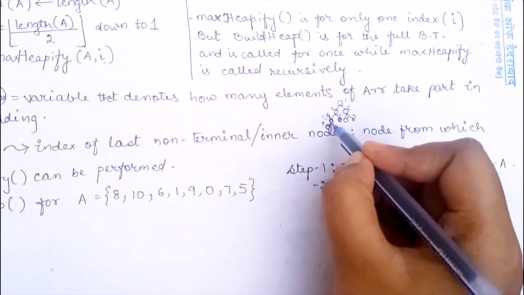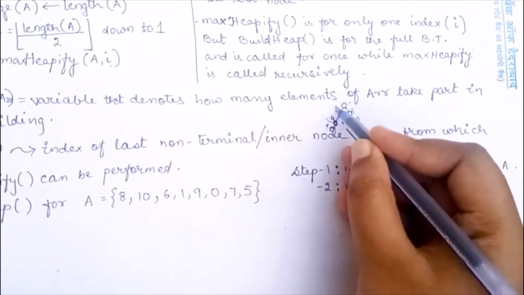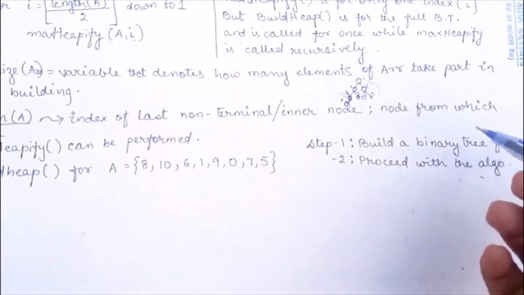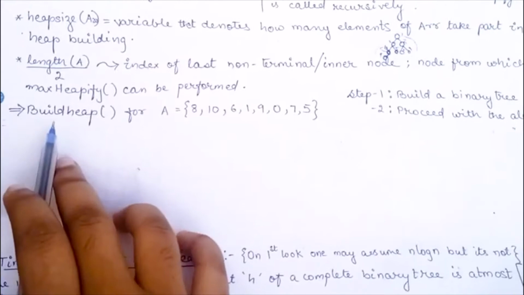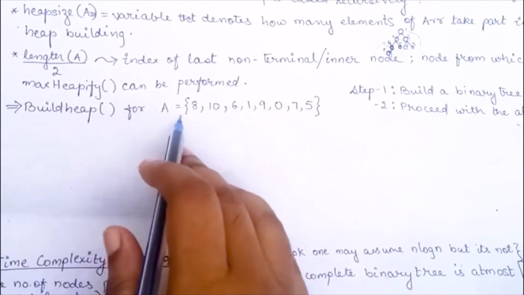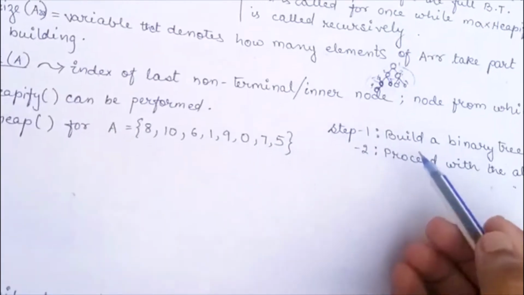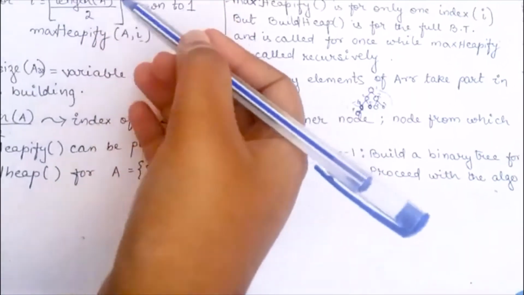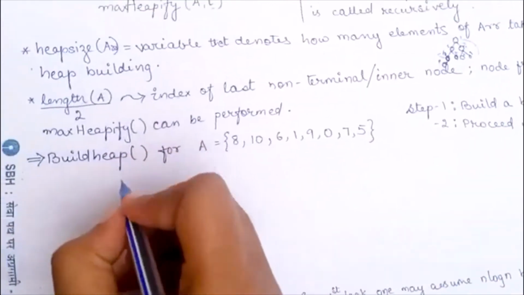If we do max heapify here, here and here, then the whole tree is a max heap. So here we will draw the build heap for this array manually. Step 1 is to build a binary tree for A, and then we proceed with this algorithm. So let us make a binary tree.